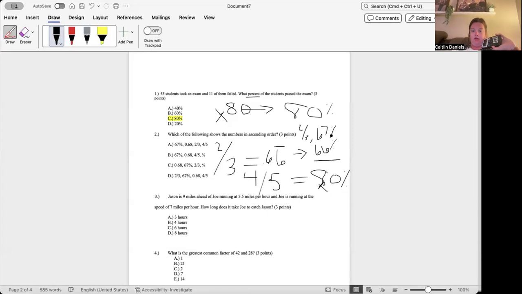All right, let's look at our next one that we have. 0.68 is 68%, and that is higher than 67%, so it should be 68%.